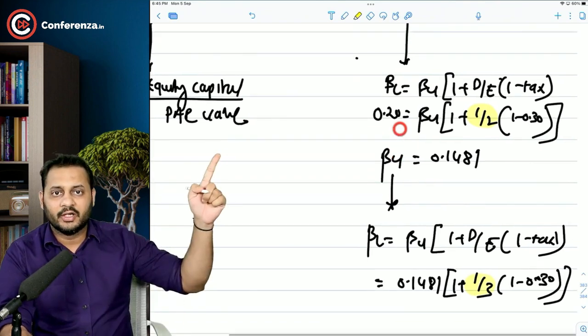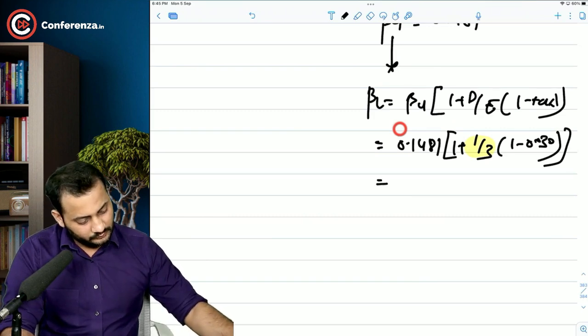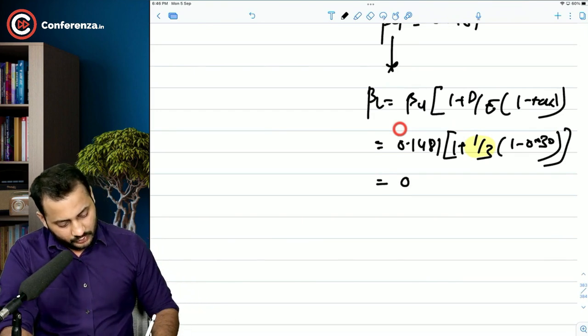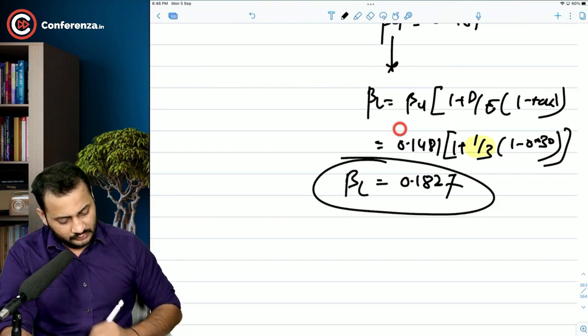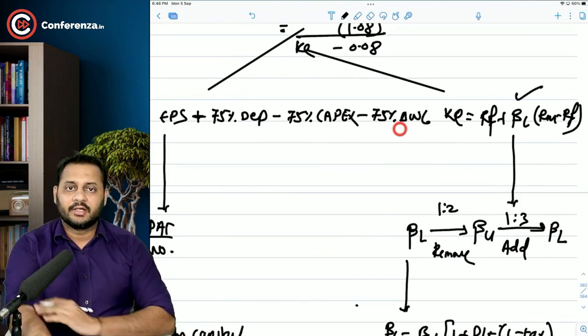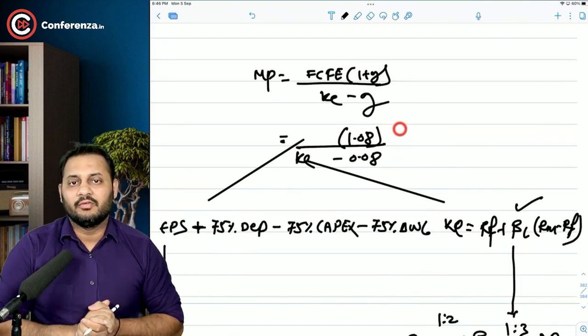We were removing 1:2 and adding 1:3 now. That goes to 0.1827. You can put this 0.1827 here, calculate the cost of equity and put it in this formula. You will get the final values.